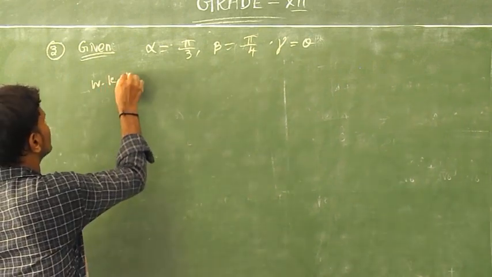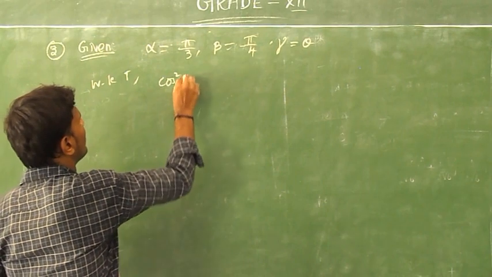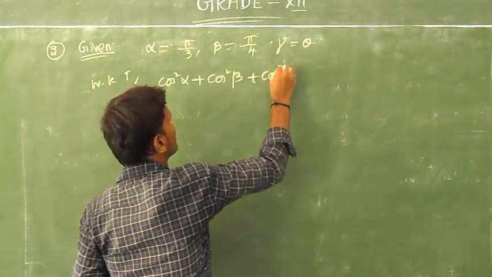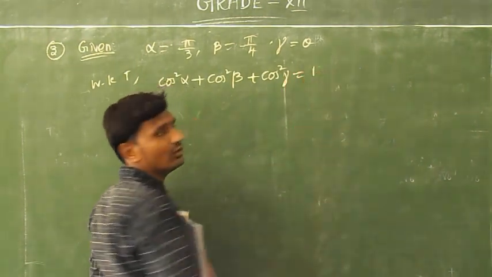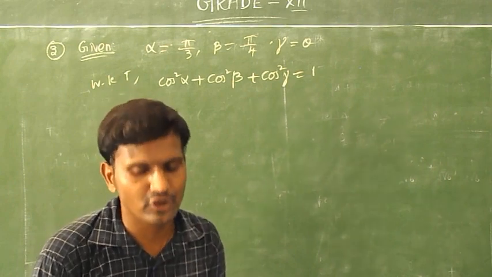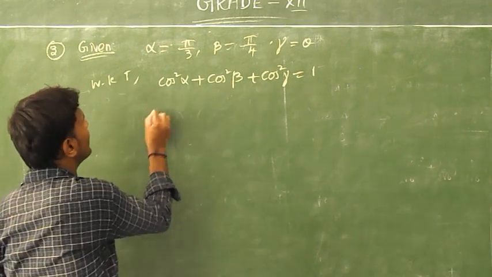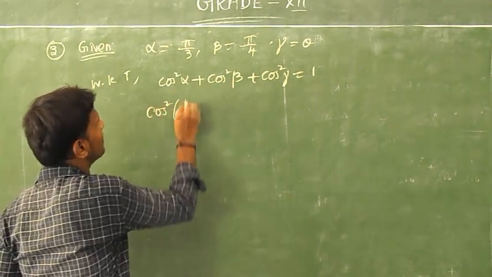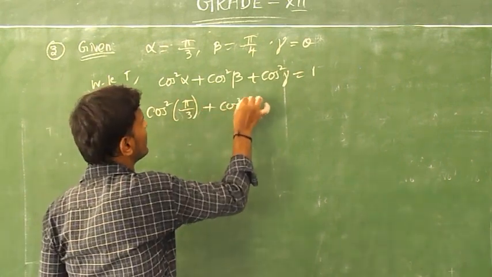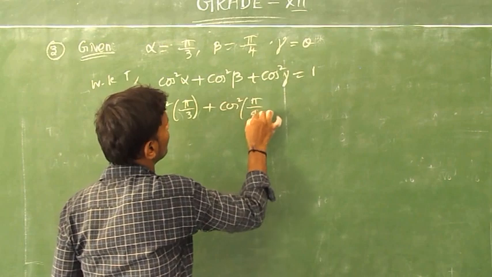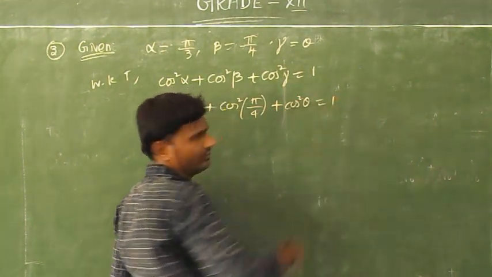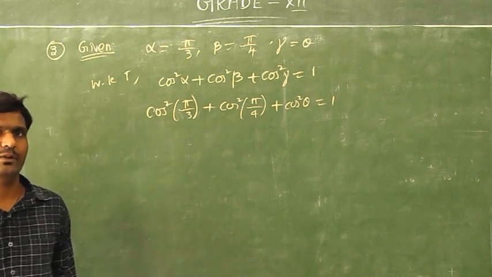We know that cos square alpha plus cos square beta plus cos square gamma is equal to 1. Now I am going to substitute the values. Cos square alpha is pi by 3, plus cos square beta is pi by 4, plus cos square gamma, where we are taking gamma as theta, so cos square theta equals 1.